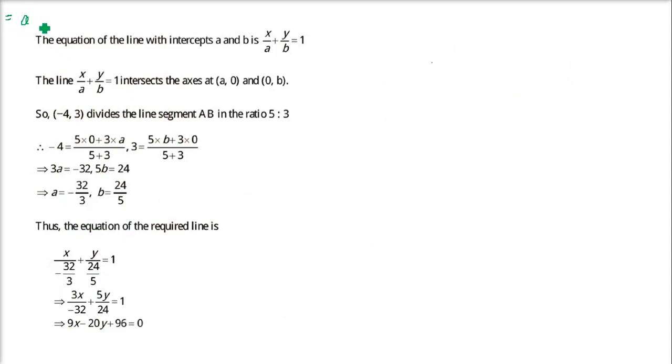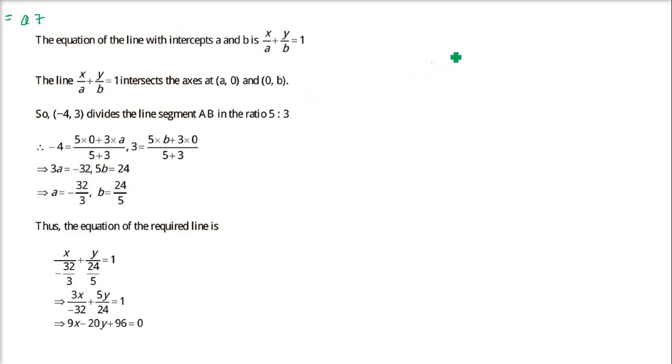Next question is question number 7. Find the equation of the straight line which passes through the point minus 4 and 3 and is such that the portion of it between the axes is divided by the point in the ratio 5:3.